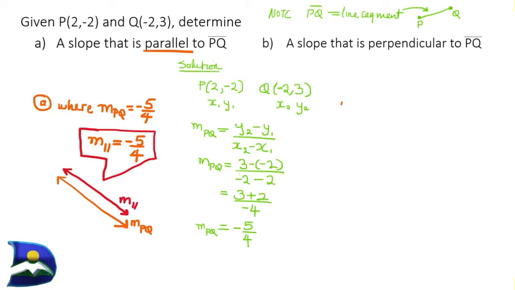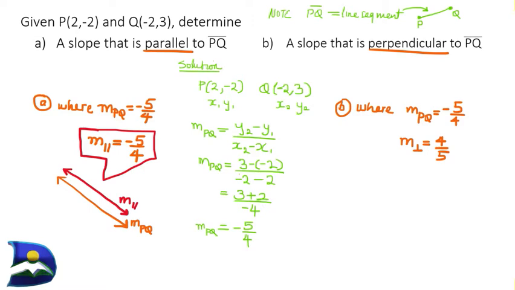And how about B? B is based on the slope of that particular QP or PQ line, which is -5/4. We know that for a line to be perpendicular to the other line, it has to be the negative reciprocal. Therefore, in this case, we need to remove the negative sign, flip the numerator and denominator, and we're going to get 4/5.